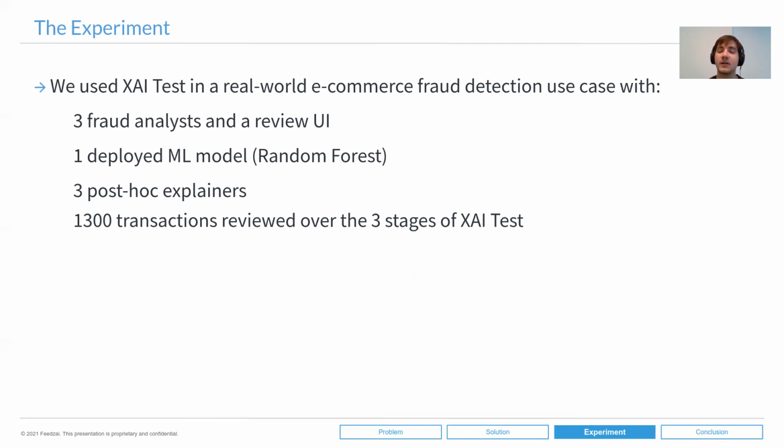And we used one model that was in production, a random forest model, with three different post-hoc explainers. And for this experiment, we used 1,300 transactions that were divided on the three stages of the XAI test.